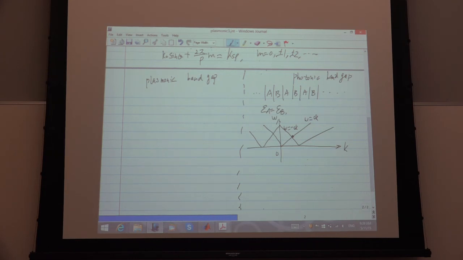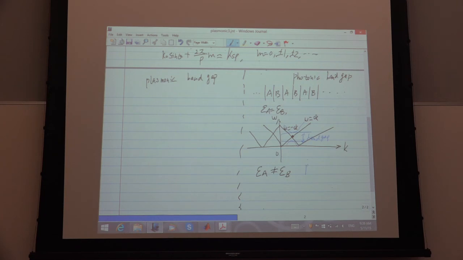If I introduce some perturbation, that means epsilon A not equal to epsilon B, due to coupled mode theory, they will split into a band gap and band edges. We call this the photonic band gap. The physical origin of this band gap is the constructive and destructive interference of the propagating wave.